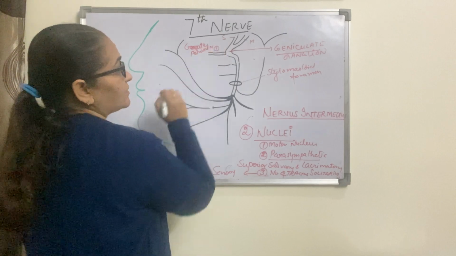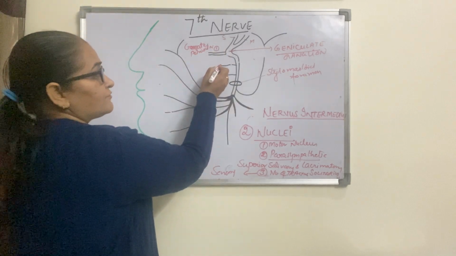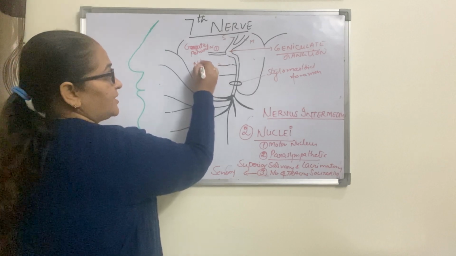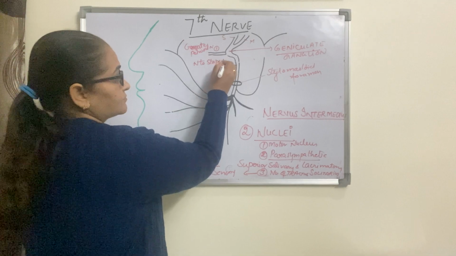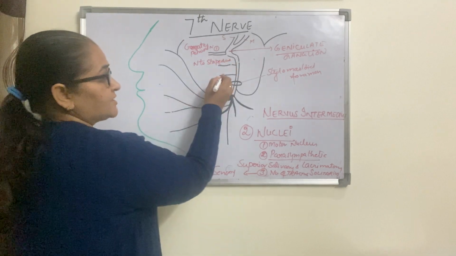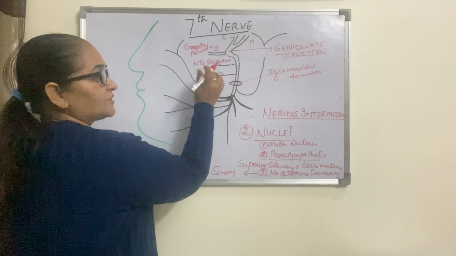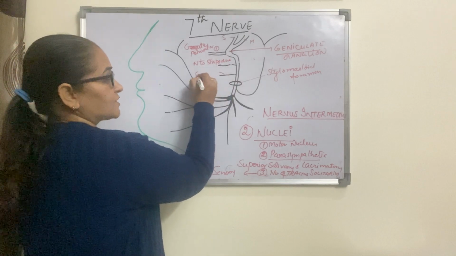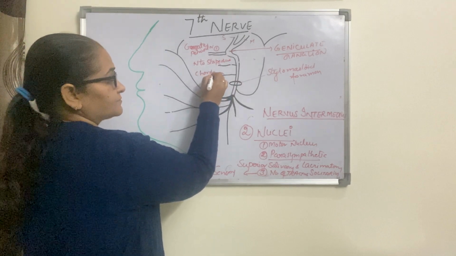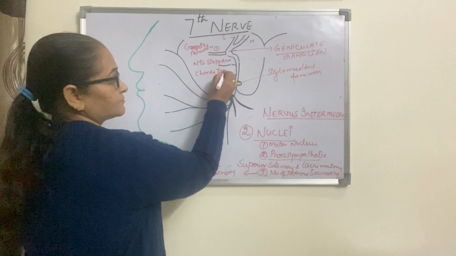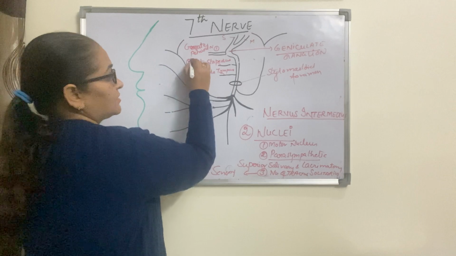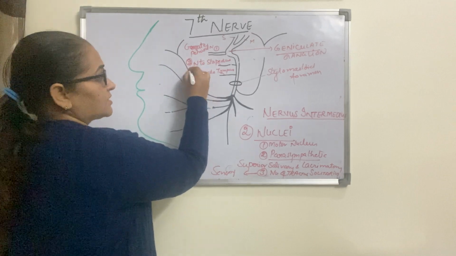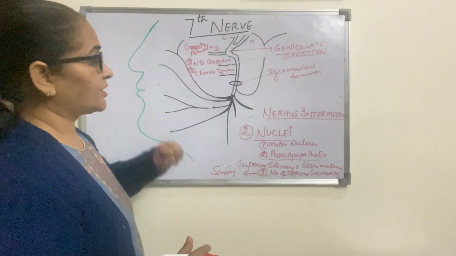Then it gives a branch, the nerve to stapedius. Then 6 millimeters above the stylomastoid foramen, it gives the chorda tympani branch. So second is the nerve to stapedius. Third is the chorda tympani nerve.